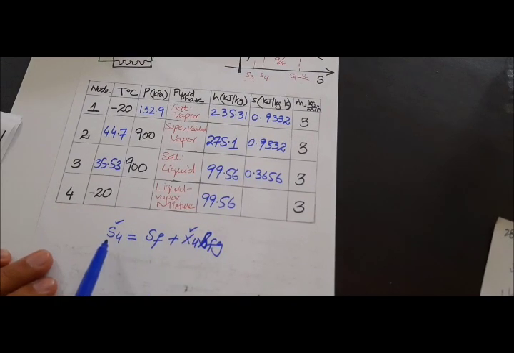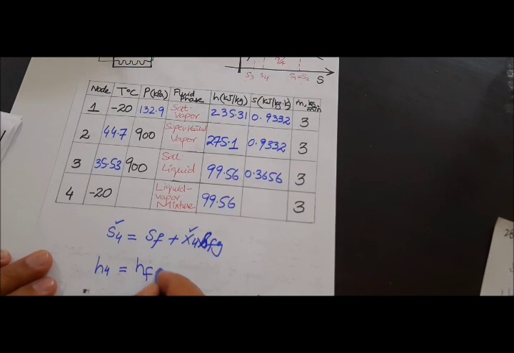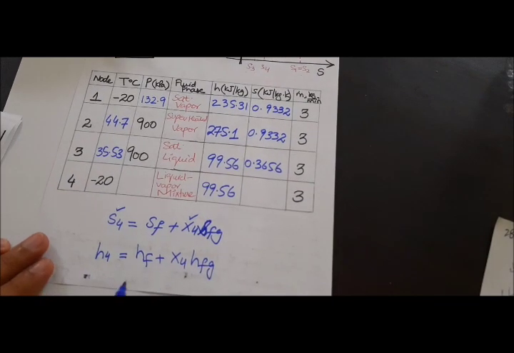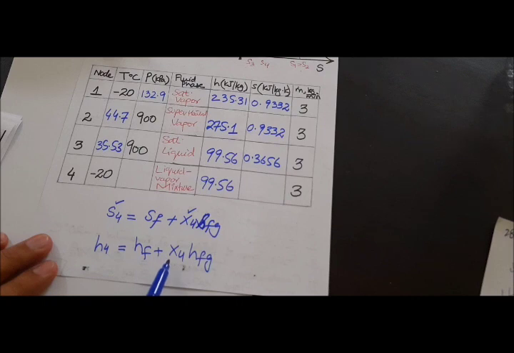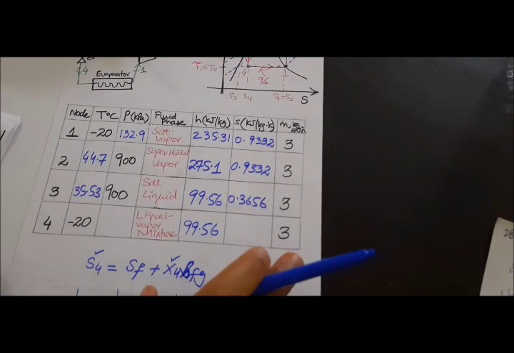We want to find out X4. Since we know the enthalpy, we can find it from the enthalpy: H4 is equal to HF plus X4 HFG. In this formula, we can find out X4 because we know H4. We can find HF and HFG from the table and put them in over here.